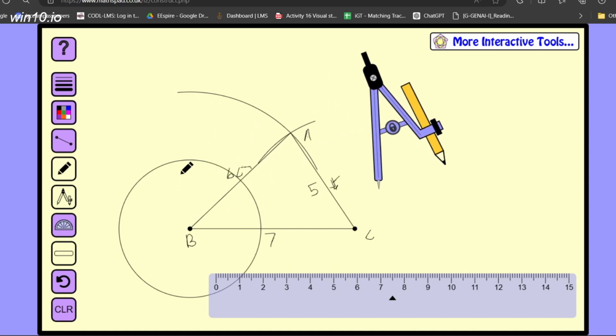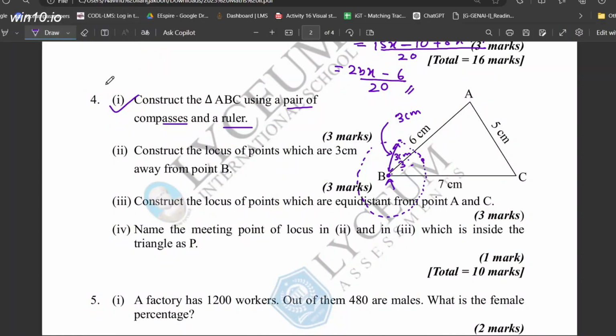Okay, this is the locus, that is 3 centimeters away. So the radius is 3 centimeters. Radius is 3 centimeters. Okay, this part also we did.